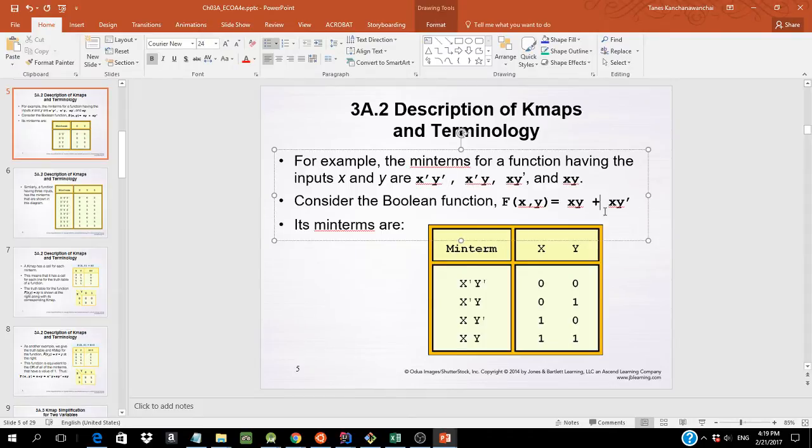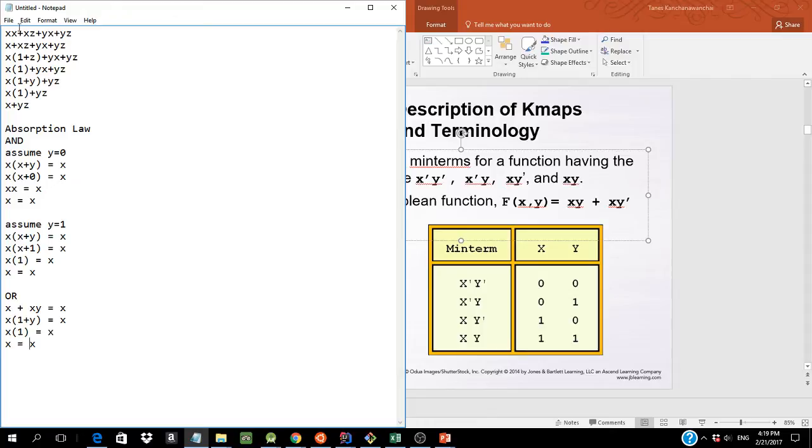Okay. So let's take a look at this Boolean algebra. Let's try to simplify this with the Boolean expressions that we just did. Let me just save this.